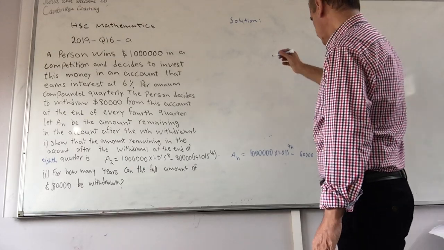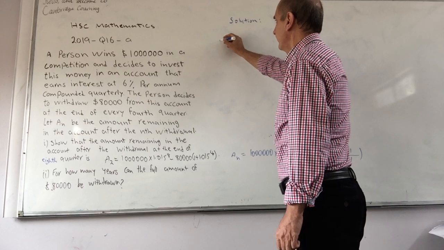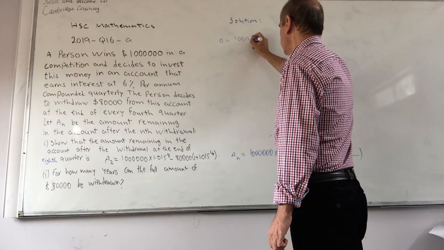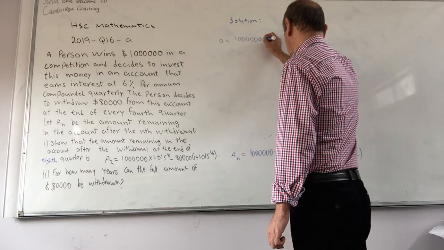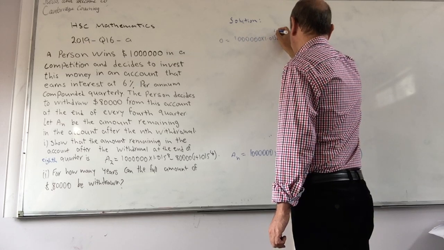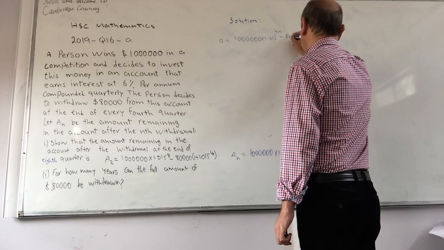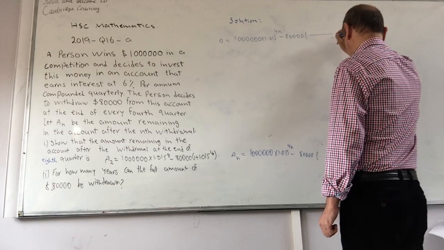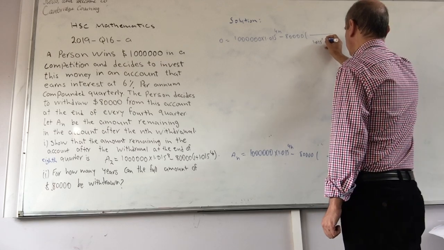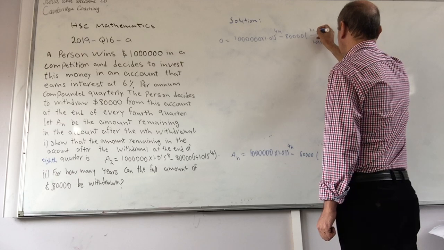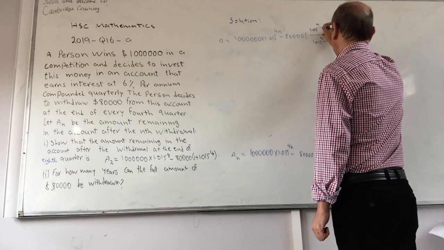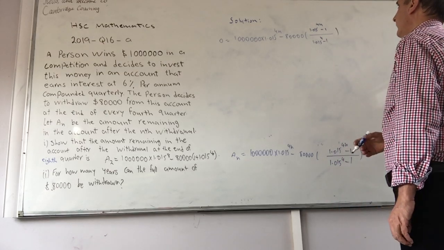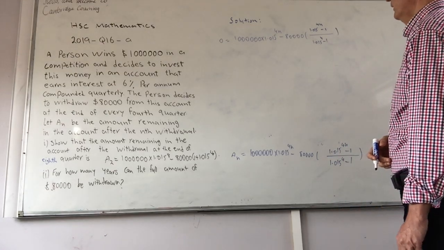So letting it equal 0, we will have 0 is equal to 1 million times 1.015 to the 4n minus 80,000 times 1.015 to the 4n minus 1 over 1.015 to the 4 minus 1. Our aim is to find 4n.